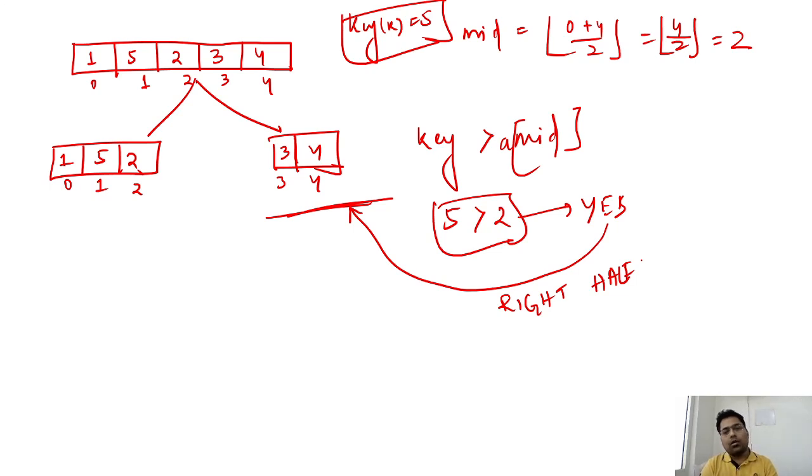Just think, you are not applying this key, you are not applying this mid value, you are just focusing on how to find the key term. Just assume you are following a certain rule through which you can take both sides into consideration. In both the side consideration, what you have to do is n by 2, then T(n by 2).